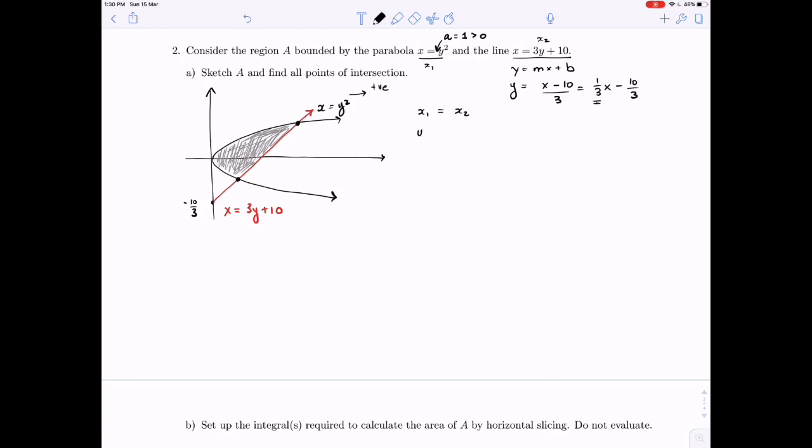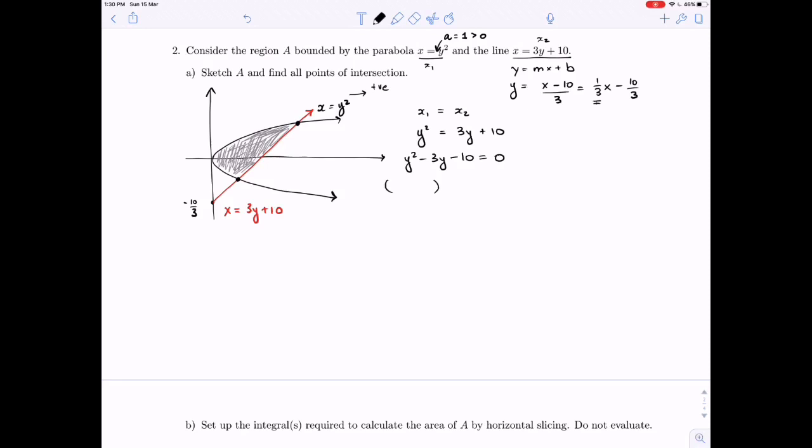So we're going to have y squared is equal to 3y plus 10, which is now just a lovely quadratic that we can solve. So we're going to bring everything over to one side. y squared minus 3y minus 10 equals 0.